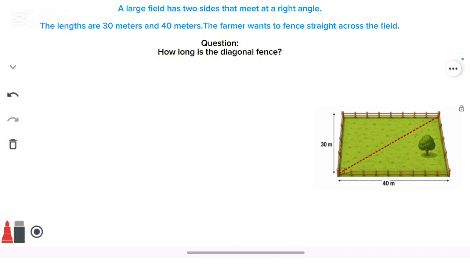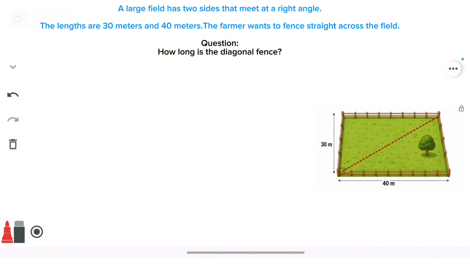Alright, so the question is, how long is the diagonal fence? So we are going to find the distance of this diagonal fence.